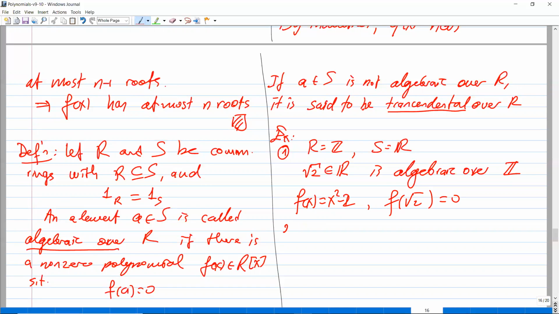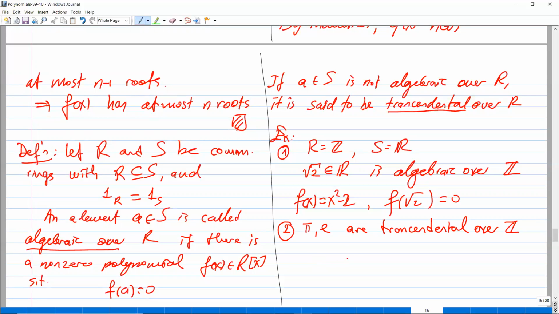And second, if you look at pi and the number e, then these are transcendental over Z. So these are real numbers.